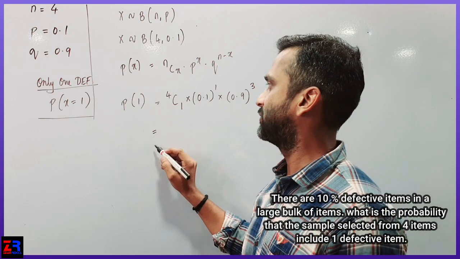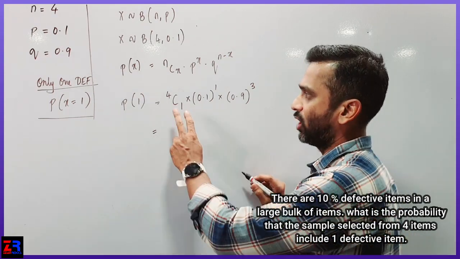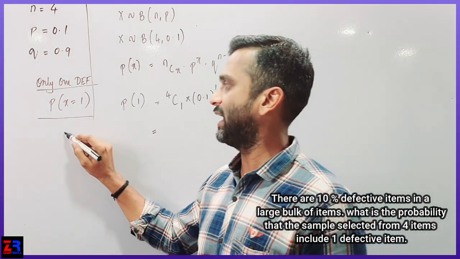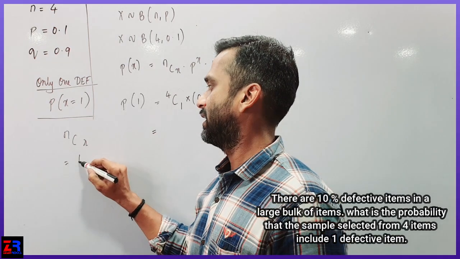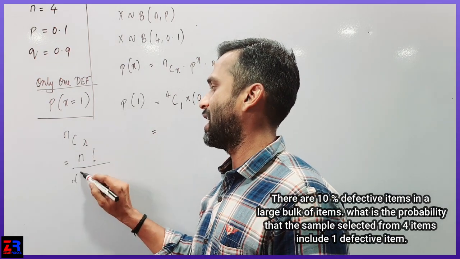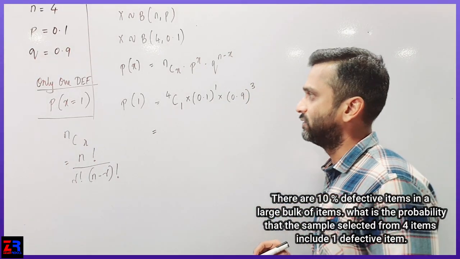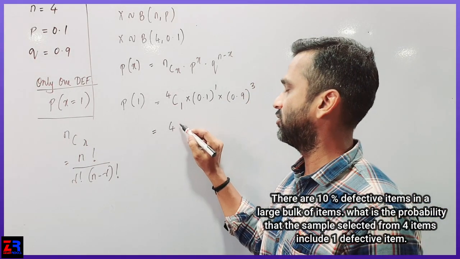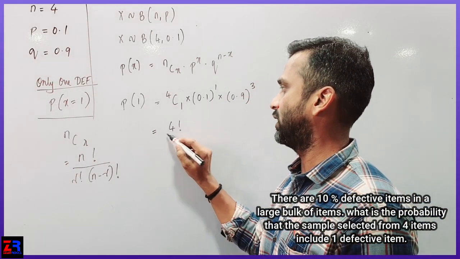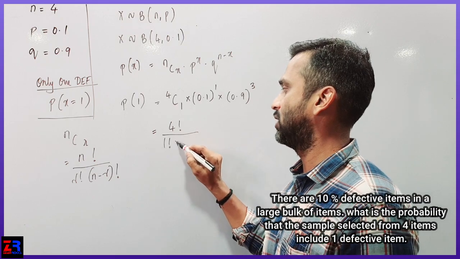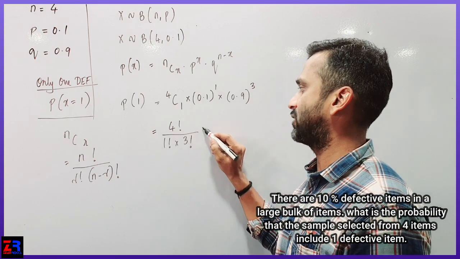So I will get 4C1. You solve 4C1 by using the formula nCr equals n factorial over r factorial into n minus r factorial. So you will get 4 factorial over 1 factorial into 4 minus 1, that is 3 factorial.